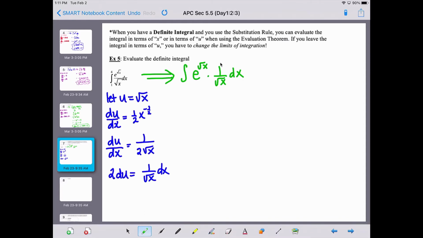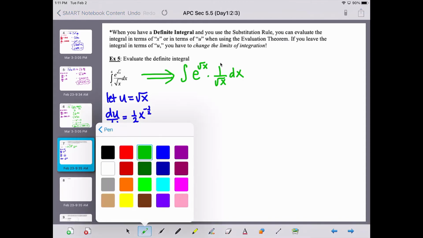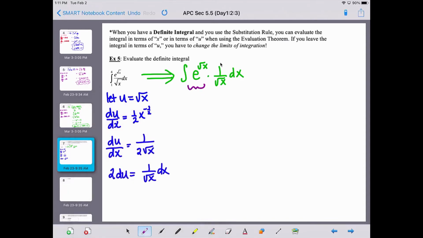So then the first part of my integral, right here, will become e to the u, right? And then my 1 over the square root of x dx, this part right here, is going to be represented by 2 du. And again, then I can just put that 2 in the front of my integral. So this is going to be equal to 2 times the integral of e to the u du.